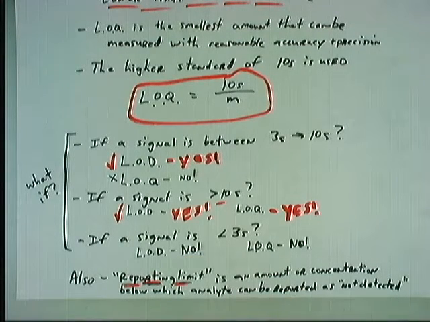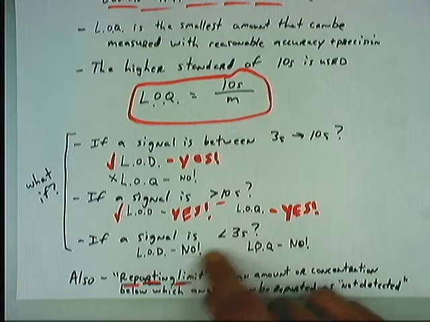Does that mean 0 analyte is present? The answer is no. In fact, you might have some analyte present in the sample. The only problem is it's below your detection limit, so you cannot detect it with the method that you are using. If you change methods, use a different method that's more sensitive, has a lower detection limit, maybe you'll be able to detect the presence of the analyte. Maybe you'll be able to even quantify it.